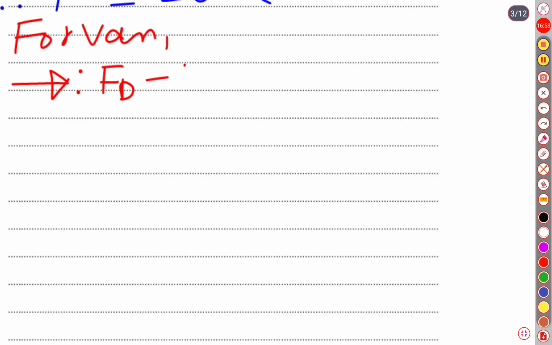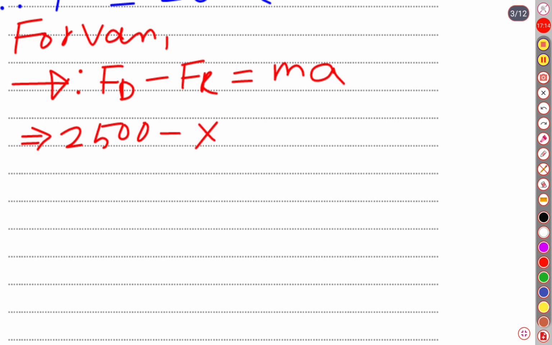Driving force minus resistance force is equal to mass times acceleration. The driving force of the van is given as 2500. So 2500, resistance to motion is x, minus tension is equal to the mass of the van, 4500, times the acceleration, 0.4 meter per second square.